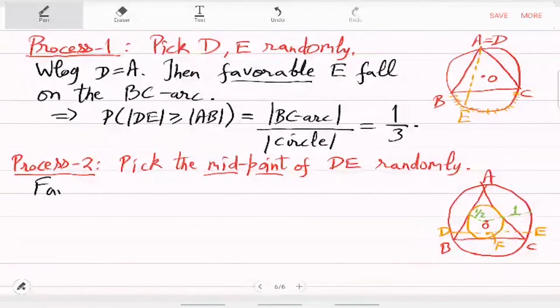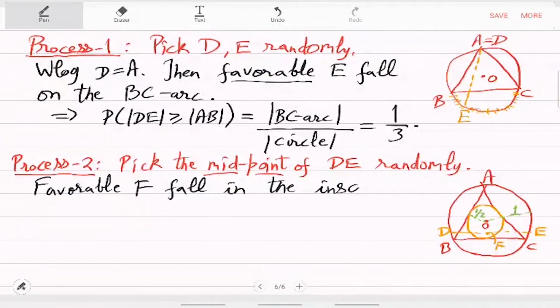The favorable F fall in the inscribed circle. Okay, so this you can prove geometrically. It's a simple exercise to do. I will not do it rigorously here, but it looks believable.